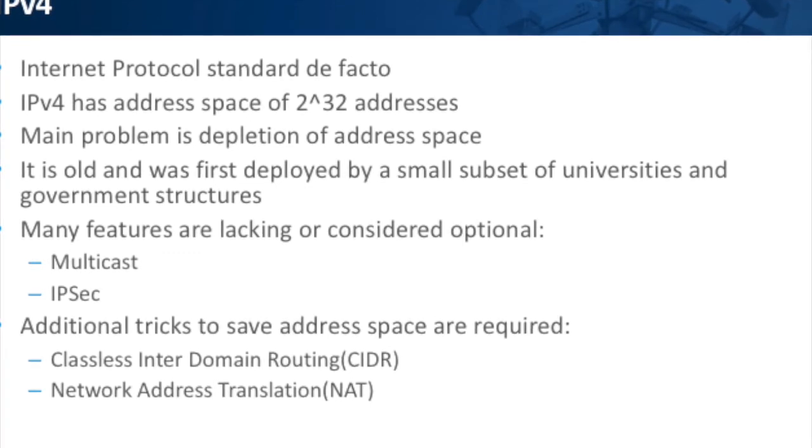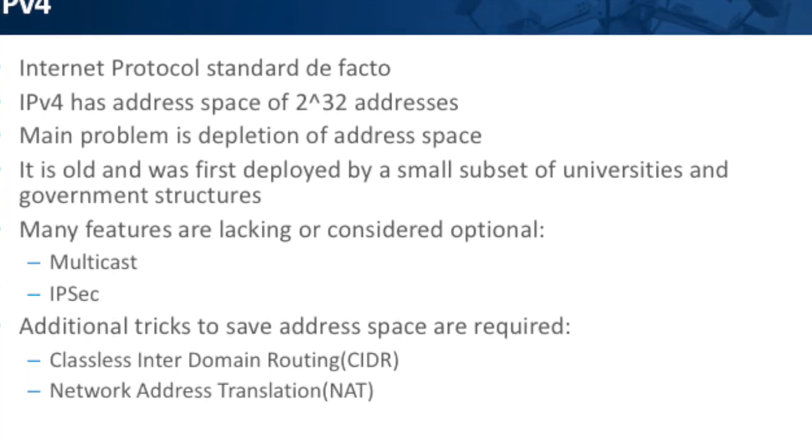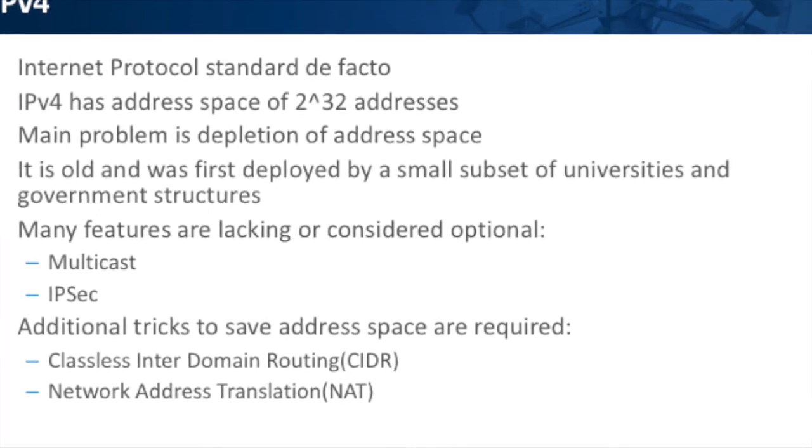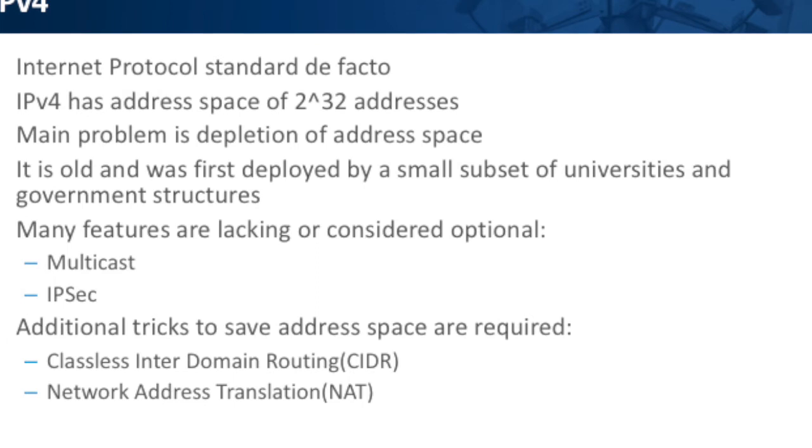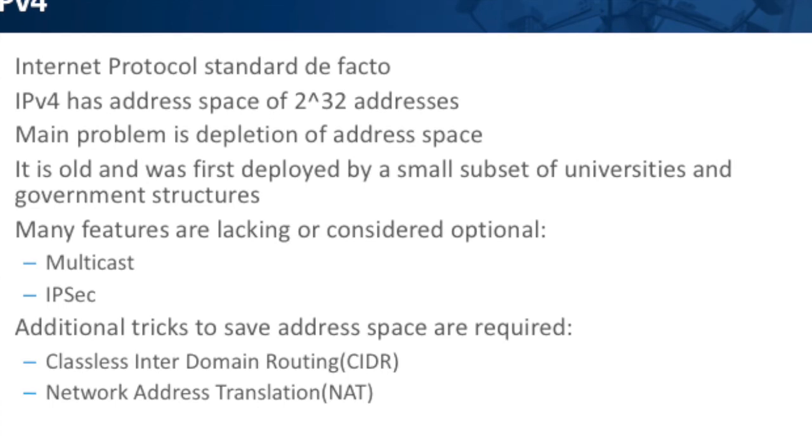Other things that make everything a little bit more complicated are all those tricks to save address space. The first one is classless inter-domain routing, CIDR, which makes routing and routing protocols complicated.